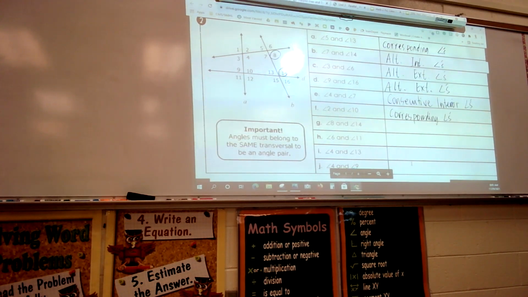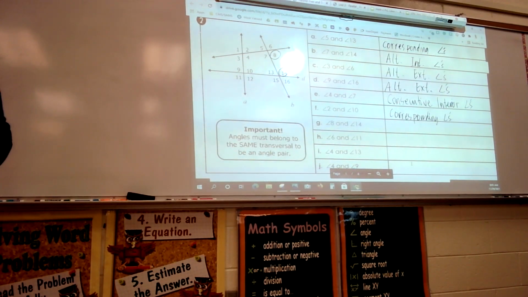Next. 8 and 14. What is that? Kev, you try. What is 8 and 14? Are they interior or are they exterior? Exterior. Who wants to help? Kevin? Marlon?